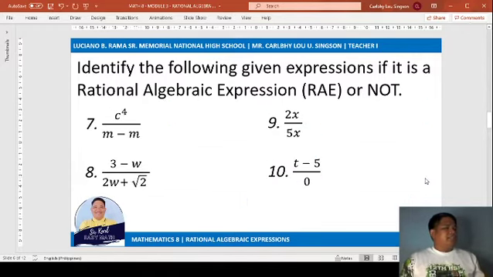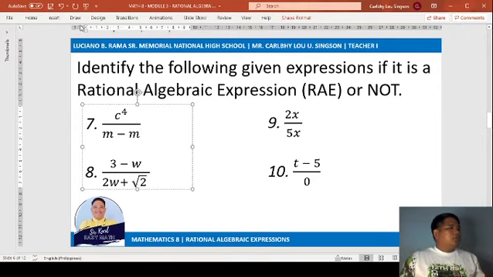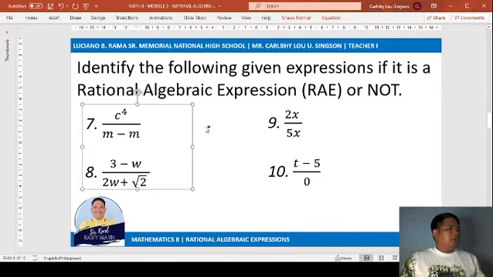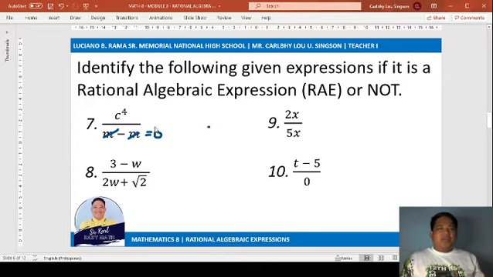Next, number 7: c to the fourth power over m minus m. If you take a look at it, m minus m would be equal to zero. Since the denominator is zero, number 7 is not a rational algebraic expression.